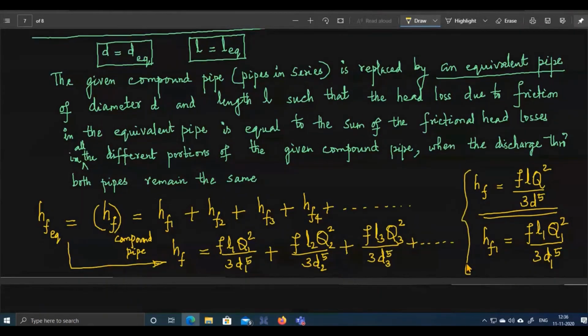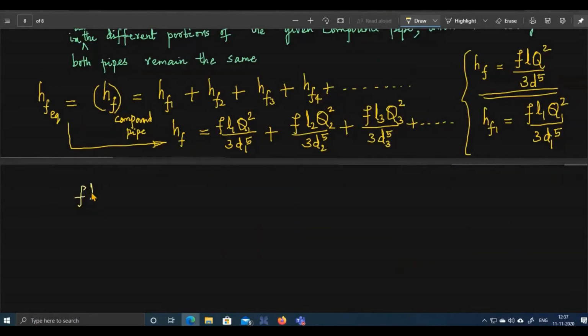So using the head loss due to friction equation, Darcy's equation in terms of discharge, you can write like this. HF is equal to fLQ square divided by 3D raised to 5 for the equivalent pipe.